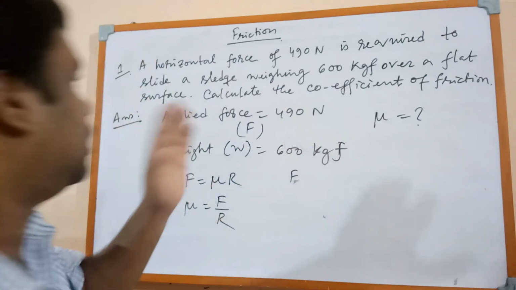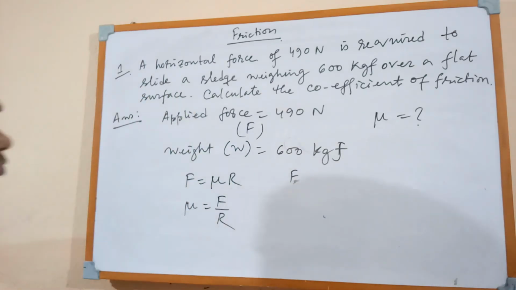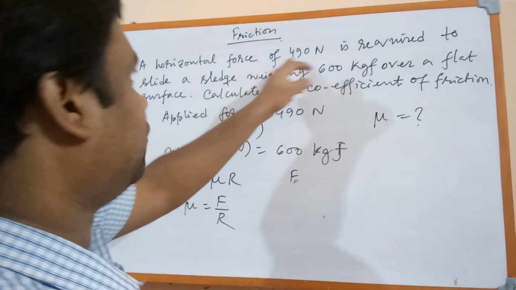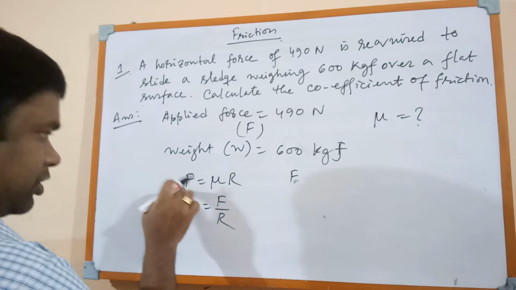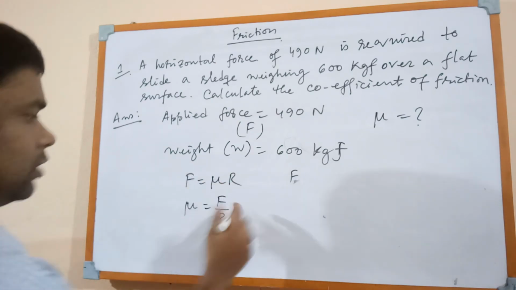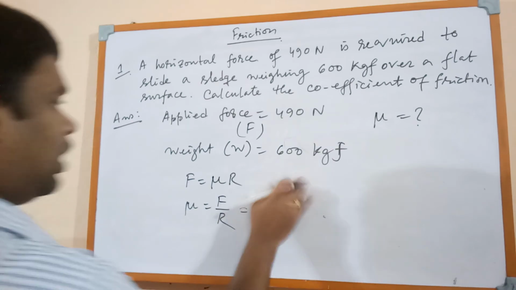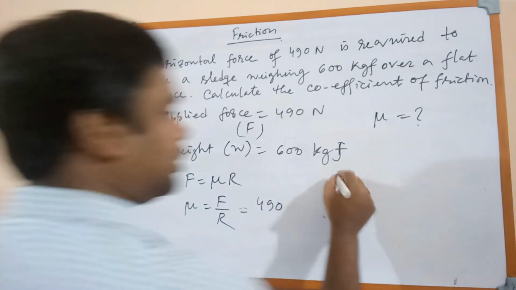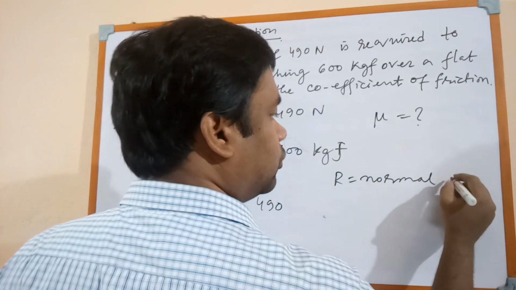That's why we take this value 490 as the frictional force in the relation F equal to mu R. So instead of F we write 490 Newton, and R is the normal reaction.